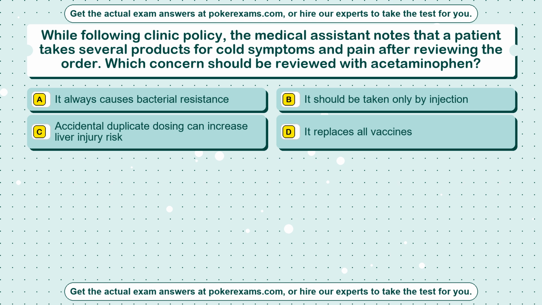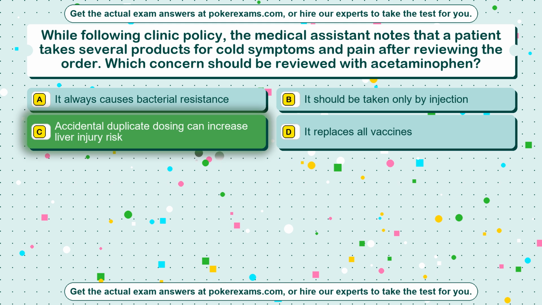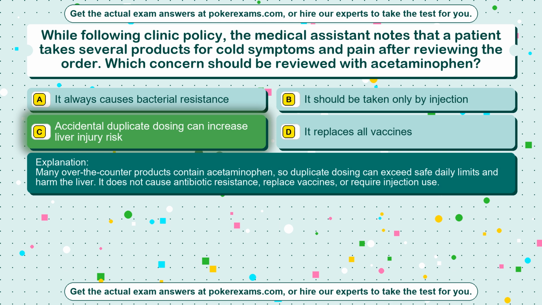Option D. It replaces all vaccines. The correct answer is option C. Accidental duplicate dosing can increase liver injury risk. Many over-the-counter products contain acetaminophen, so duplicate dosing can exceed safe daily limits and harm the liver. It does not cause antibiotic resistance, replace vaccines, or require injection use.